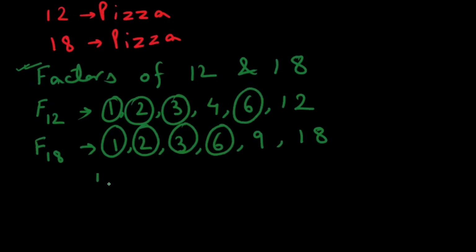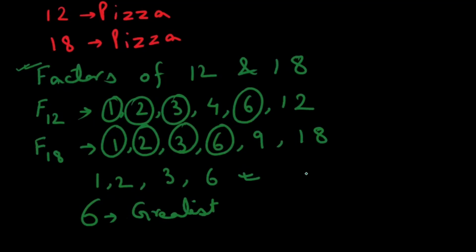So we write down all the common numbers. Now among the common numbers, we have to pick the greatest. Which one is greatest among 1, 2, 3 or 6? 6 is the greatest.